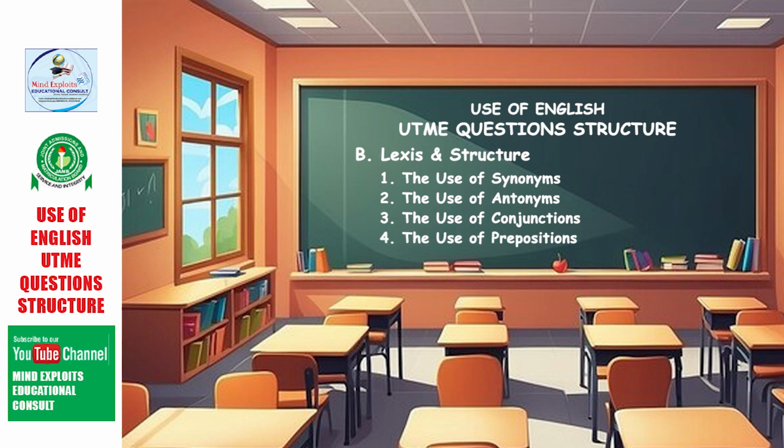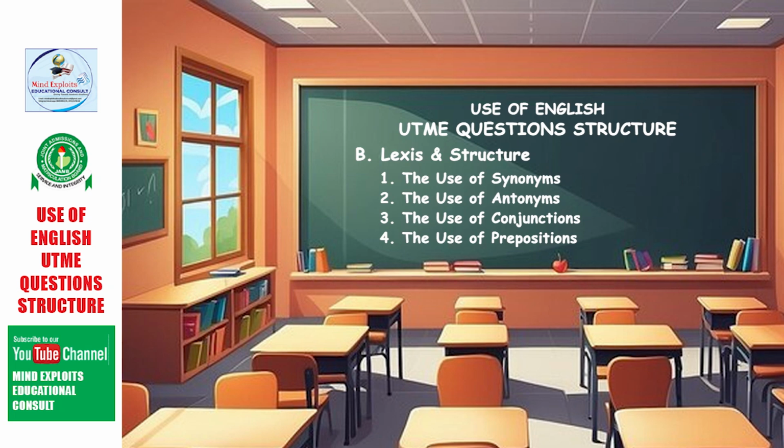Now we need to understand the use of preposition. Prepositions are words that show the relationship between a noun or pronoun and other words in a sentence. They indicate location, direction, time, manner, and other relationships. Examples of preposition that has to do with location, we have in the basket, on the table, at Lagos, by the roadside, with you.